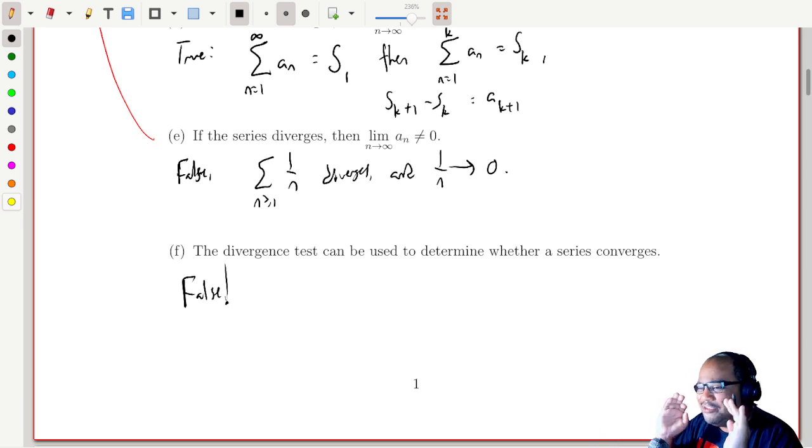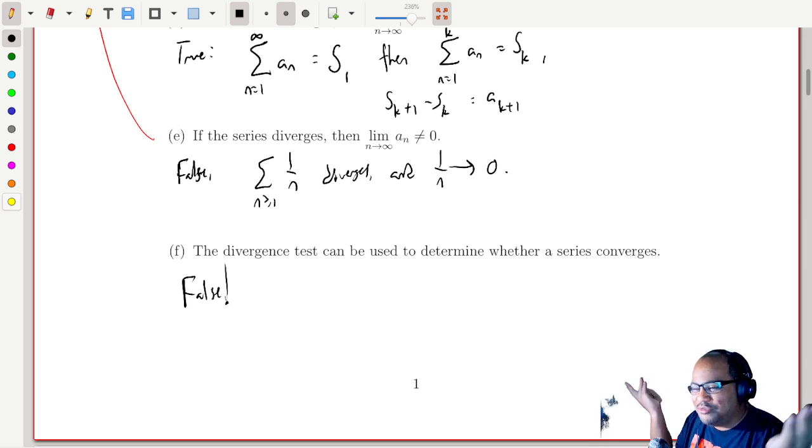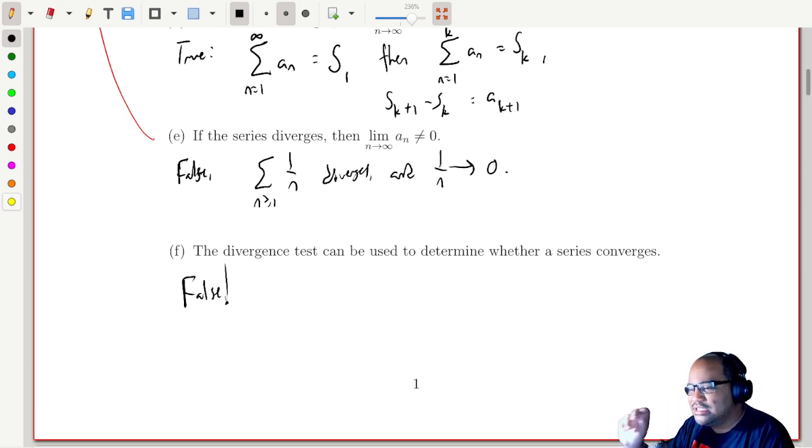If you get a result that says, oh, the limit is 0, so I guess it converges, well, no, that's not what that means. The divergence test cannot be used to determine whether a series is convergent. That limit is just not enough. If you get a limit of 0, you have to do a bit more work.